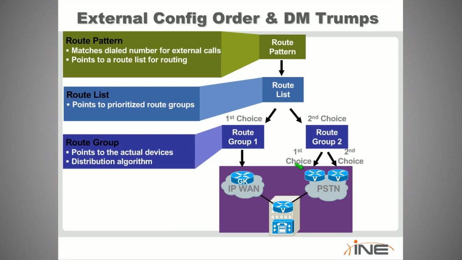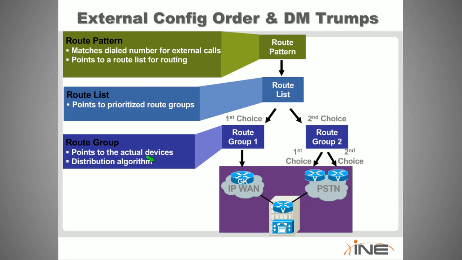A better idea is to create 3 intercluster trunks, each with only 1 IP address of subscriber 1, second intercluster trunk, same cluster but subscriber 2, and then the next intercluster trunk, same cluster B but subscriber number 3, and put them as 3 separate trunks in a single route group, and choose the distribution algorithm of circular.